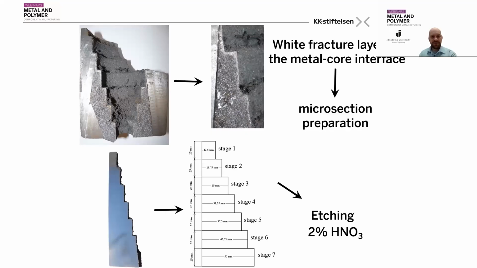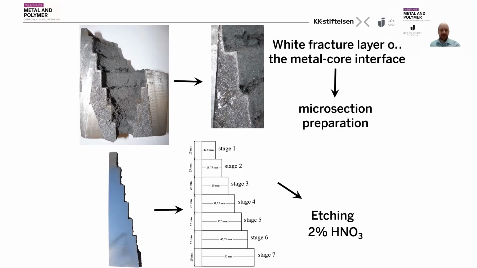We separated two halves, and as we just look at the casting, we already see that there is a white fracture carbidic layer that came up in the metal-core interface, basically on each step, regardless of the wall thickness of the casting. And of course, we wanted to know more about this white fracture layer, so we made a microsection on the down left, which contains all the steps.